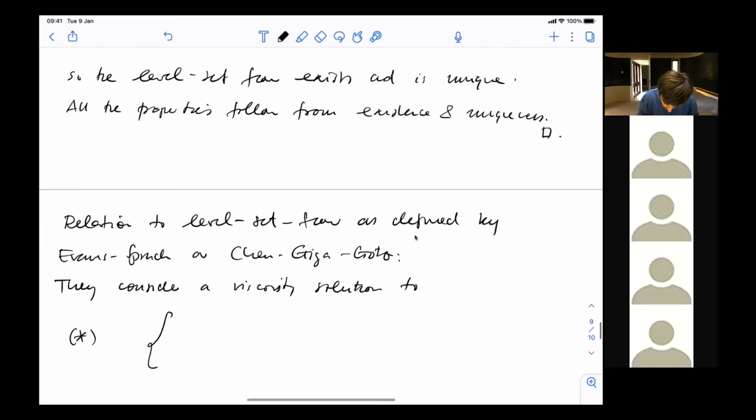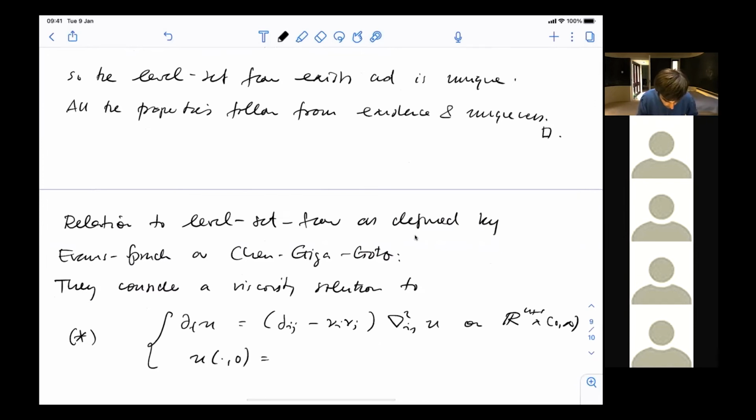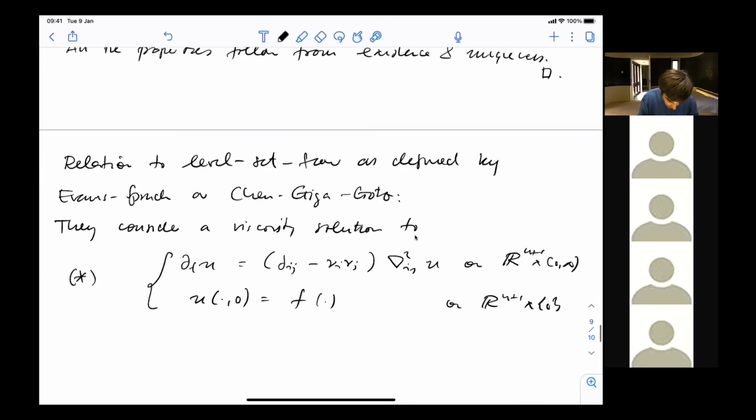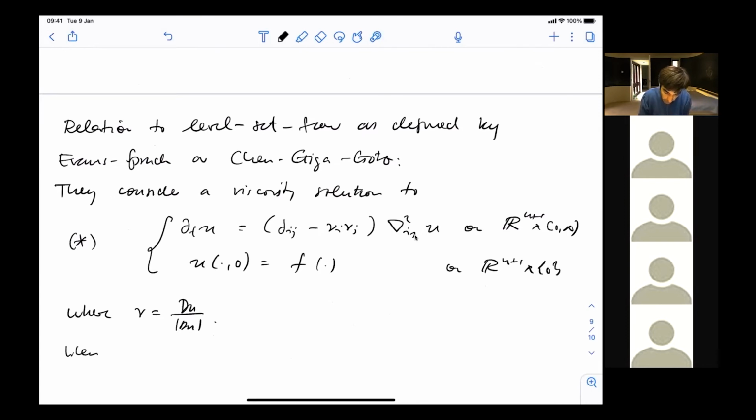You define d_t u equal to (delta_ij minus nu_i nu_j) times the Hessian_ij of u on R^(n+1) cross (0, infinity), and you specify u at time 0 to be some function f. What is nu? Nu is just the normal to the level set, Du over mod Du. When it's not defined, when the gradient vanishes, they have to use a slightly different trick. The important thing is that they show that in the viscosity sense, you can always solve this equation. You can find a solution, and you can even show the solution is unique.